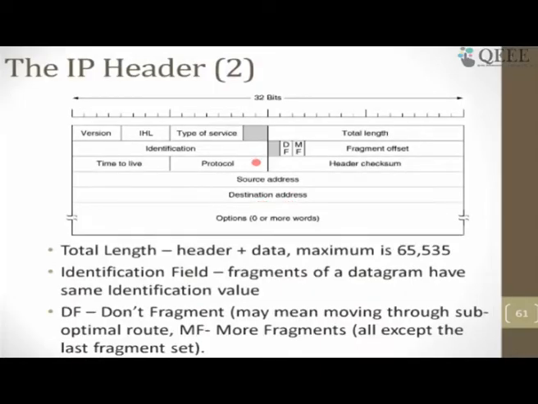Okay. And then the header protocol field, what type of protocol is this? Actually now in IP the entire protocol is the IP protocol. So, there is no variation here.